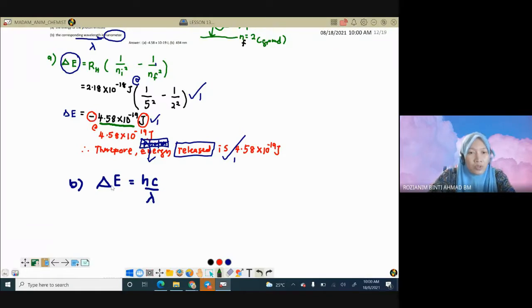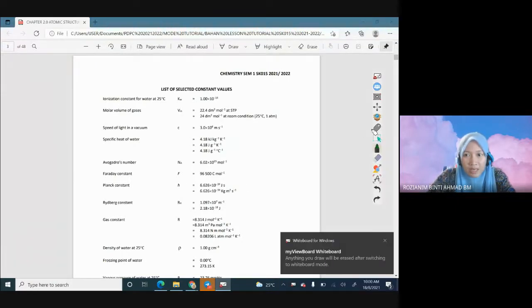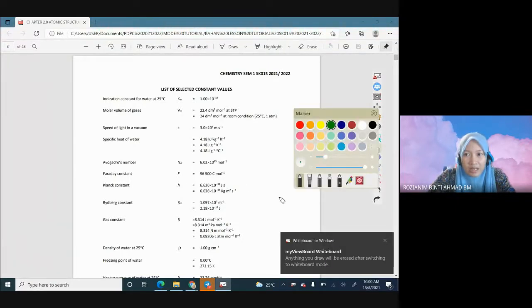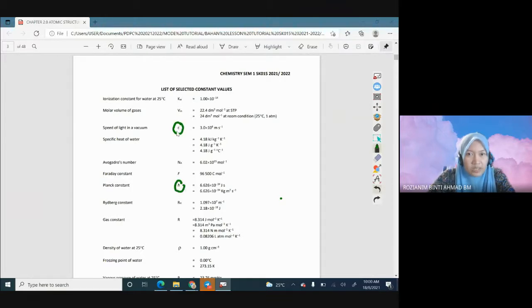So kita masukkan dalam formula kedua, hanya ambil nilai sahaja. 4.58 times 10 to the power of negative 19 joule equal to h dengan c adalah constant. So kita cari nilai h dulu. Pergi balik kepada page yang ketiga. Okay, kita trace nilai Planck constant. Okay, h dengan c. Dua constant yang kita akan guna.